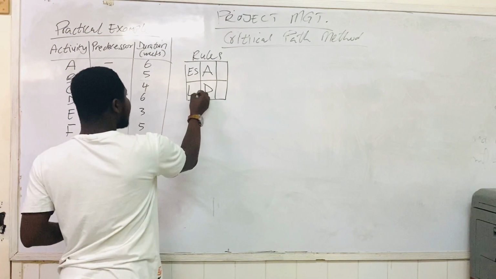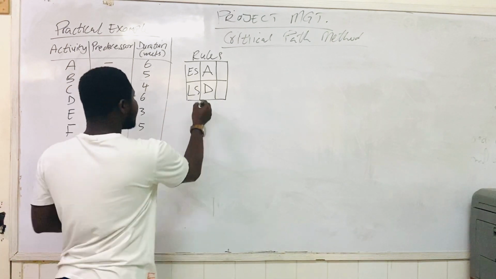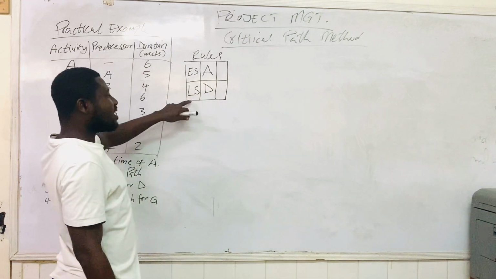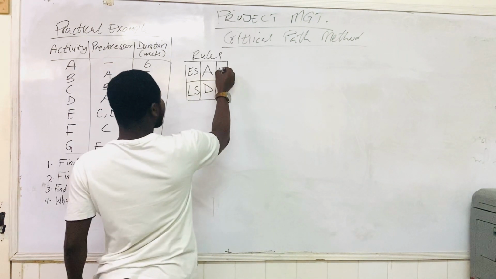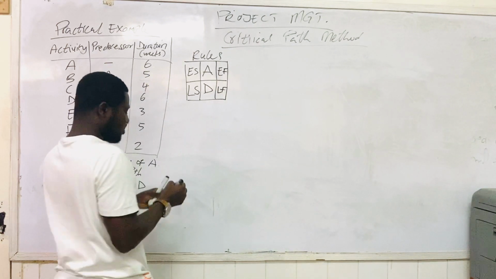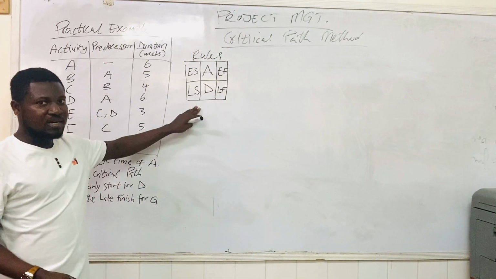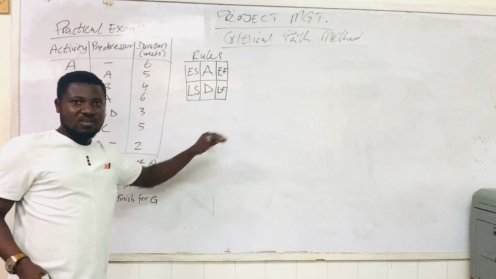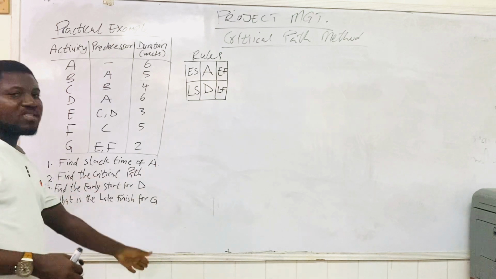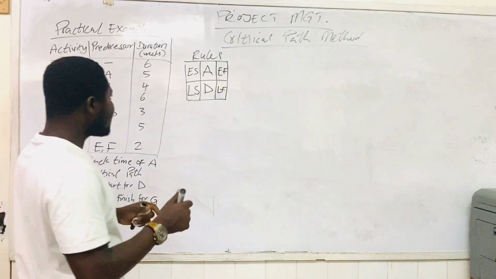Then we have our LS here, that's the late start time, the early start time, the late start time, the early finish time, and the late finish time. So this is our general rule. We are going to apply this in our next diagram such that we'll be able to get all these answers. Very easy.